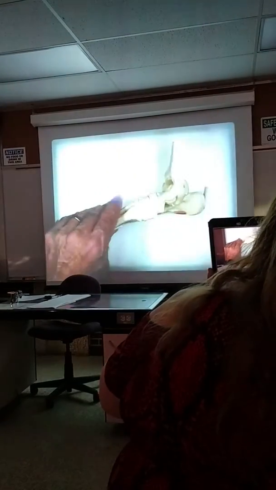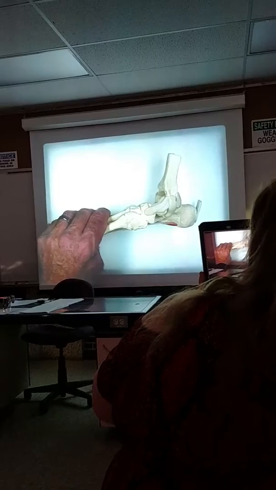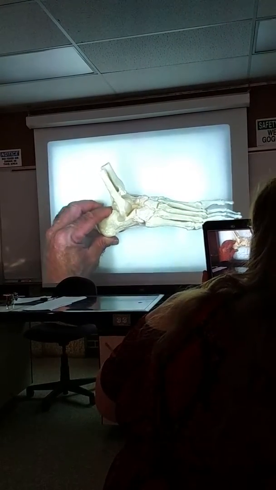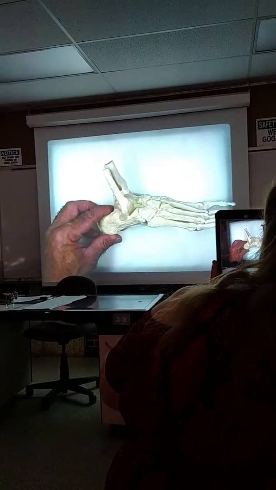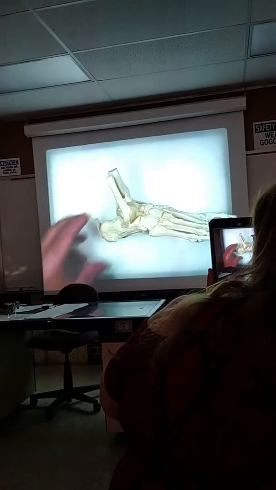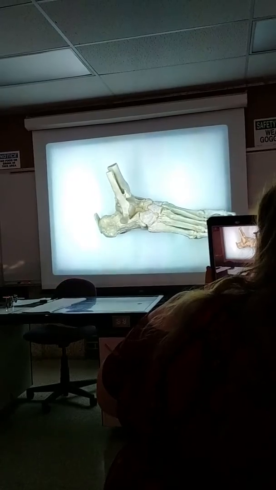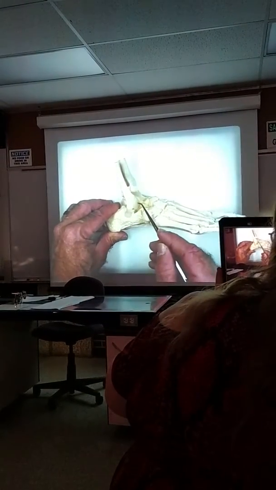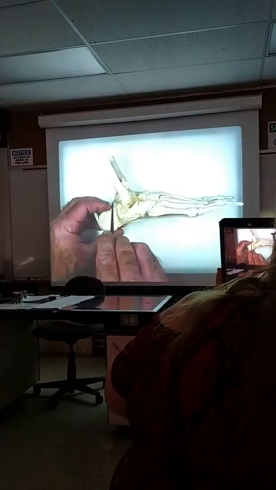So look at this. Let's do the lateral view first, because we're going to go right in order. A talofibular ligament better run from the talus to the fibula. And this one's the anterior talofibular ligament, and there it is right there. This is the anterior and this is the posterior.